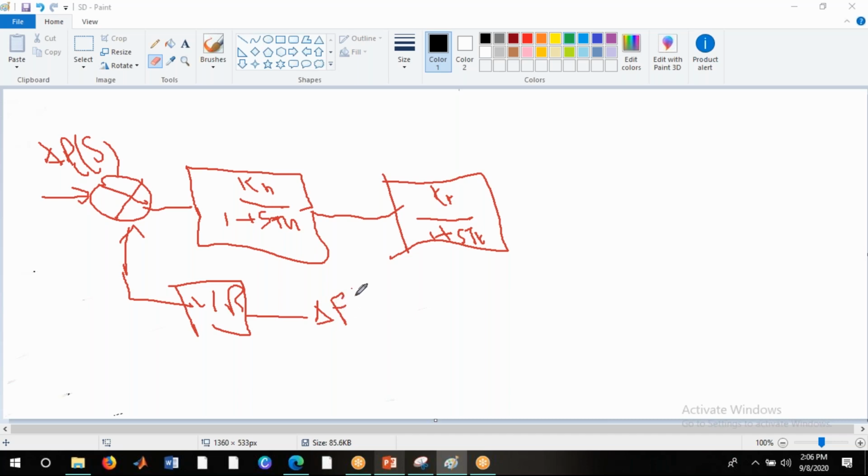Here the speed regulation of the system we can control by using the frequency. So this is the block diagram we obtained in the last class. It's a combination of the speed governor and turbine model.